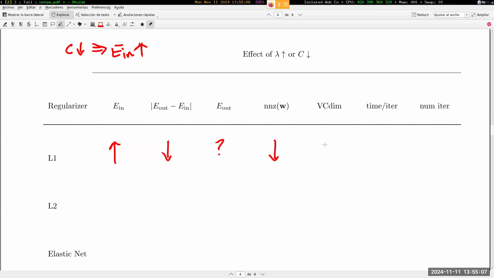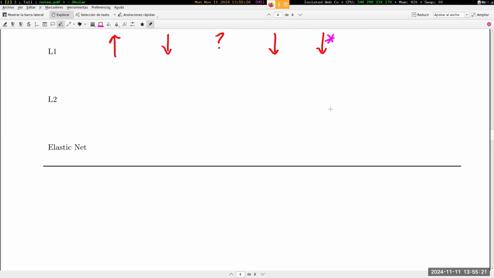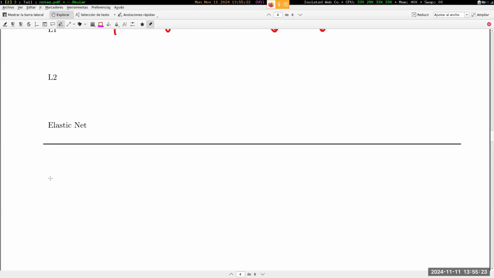The VC dimension will also go down, with an asterisk. The asterisk here is that you have to first decide what you want your VC dimension to be, and then set L1 regularization appropriately in order to use the VC bounds.